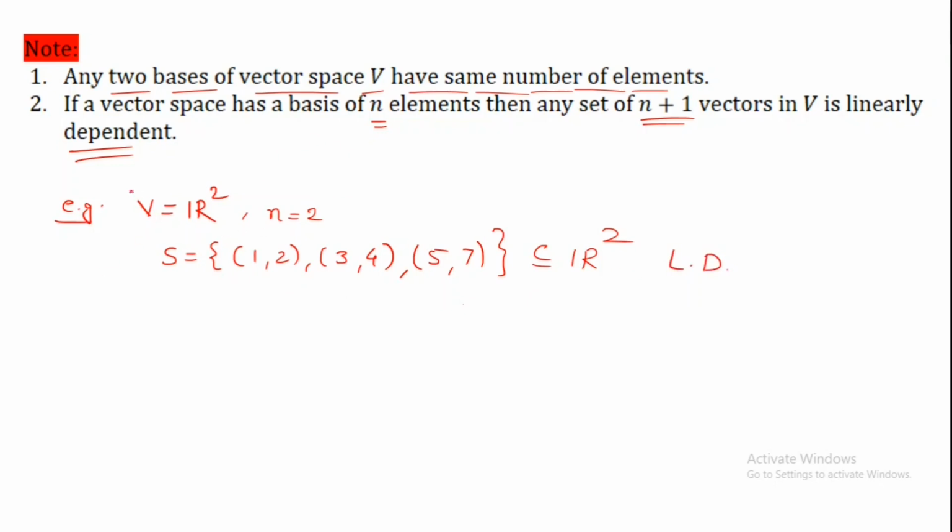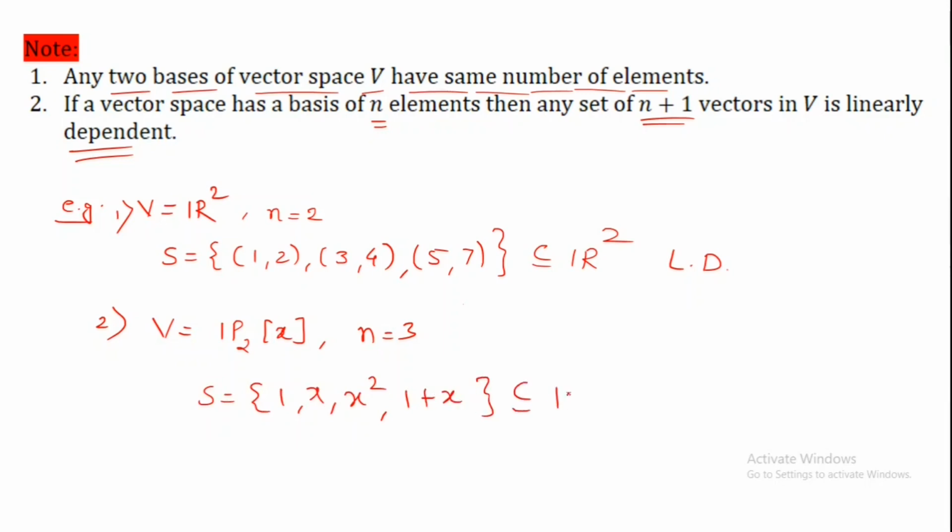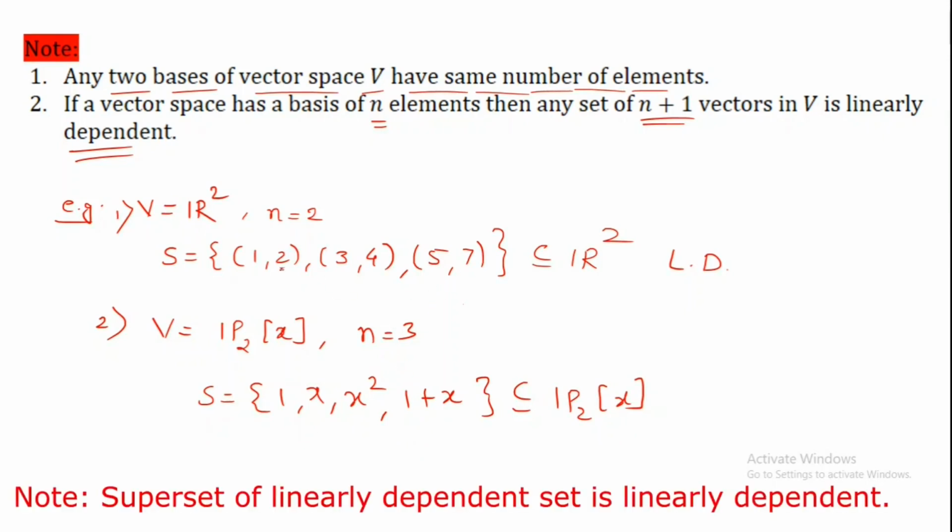If we go for another example, say V is equal to P2 of x, we have just seen the basis set of P2 of x contains 3 vectors. So if you take any subset of P2 of x which has 4 vectors, or more than 3 vectors, it is going to be linearly dependent only.